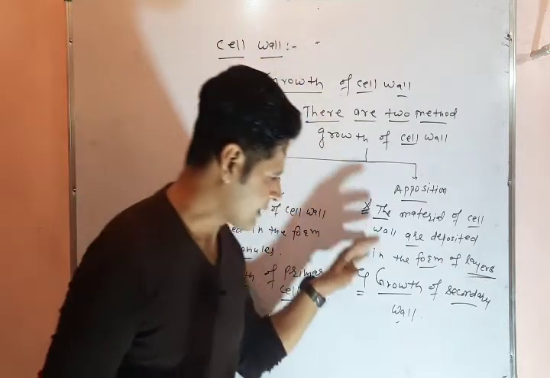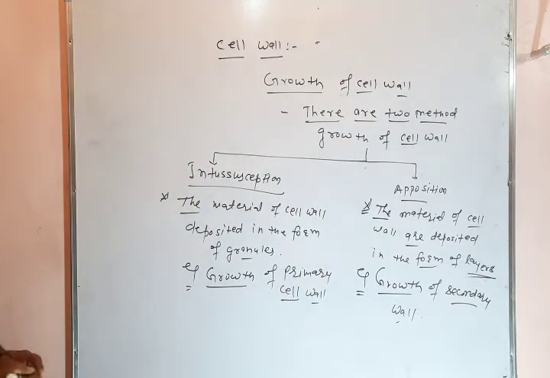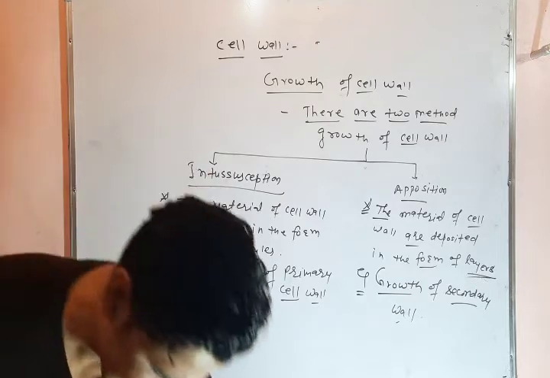So we can write that the example of apposition is growth of the secondary cell wall. So this is the growth of the cell wall.